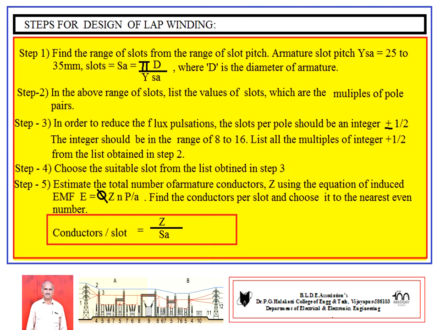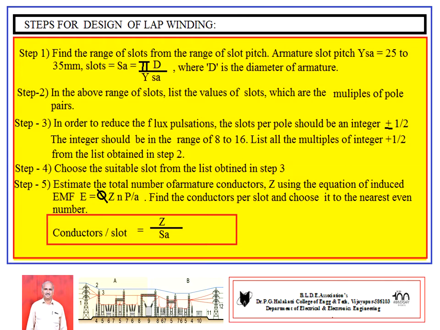Step number 5, estimate the total number of armature conductors by using the induced EMF equation. That is, E equals phi Z N P divided by A, where N is the speed of the machine in RPS, A is the number of parallel paths, P is the number of poles, and phi is the flux per pole.